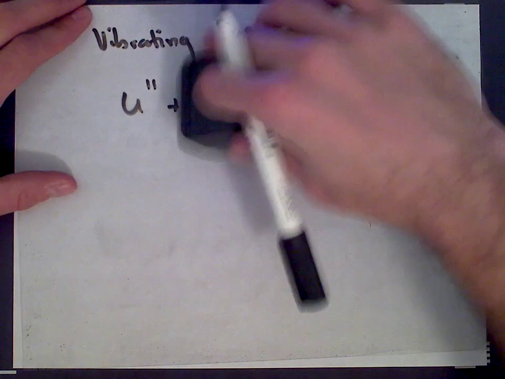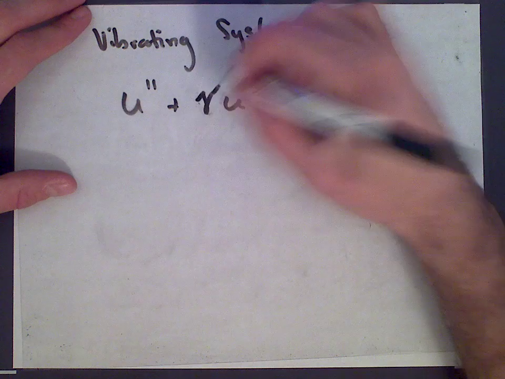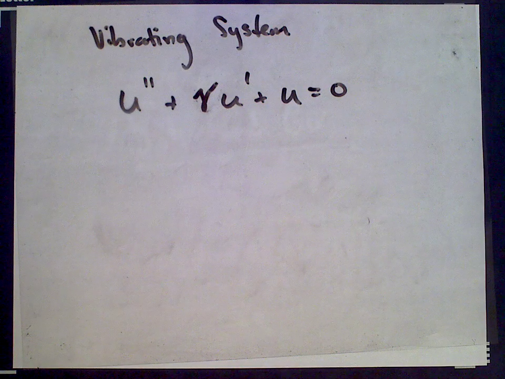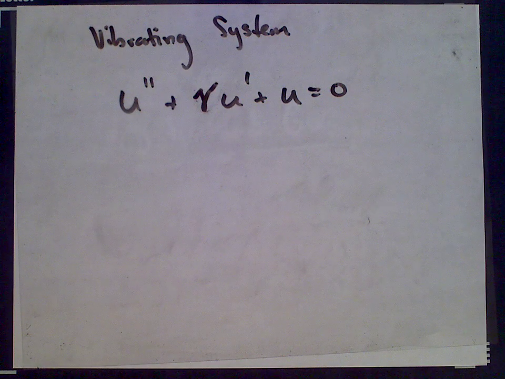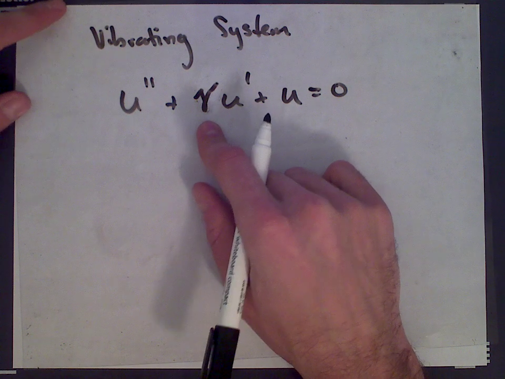Here gamma is the dampening constant. We assume the dampening force is proportional to u prime, so we have this term in here, gamma times u prime.